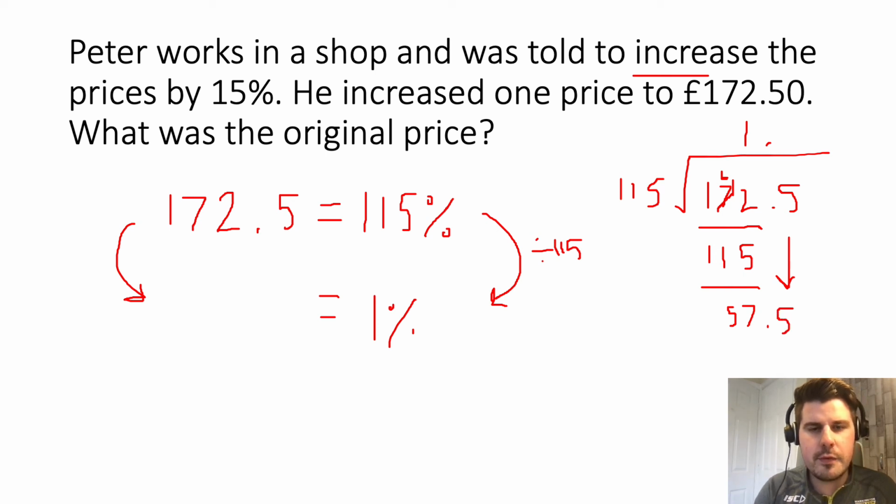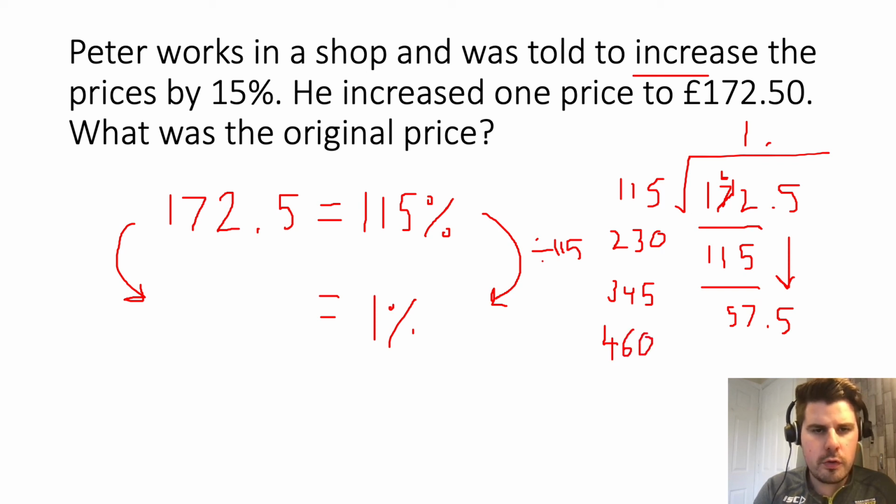So how many times does 115 go into 57.5? Well, we're going to consider this like 575 for now. So I'm going to write my multiples. 230. Add another 115 was 345. Add another 115 would be 460.